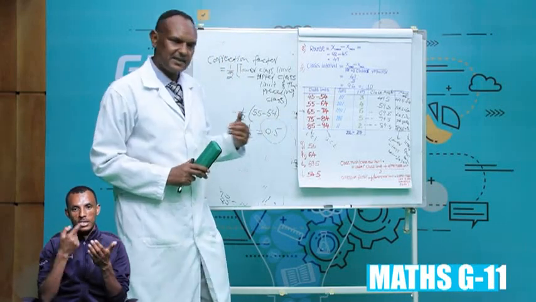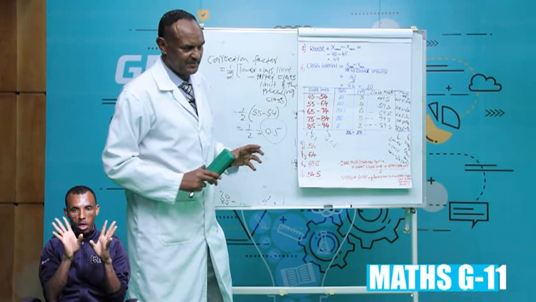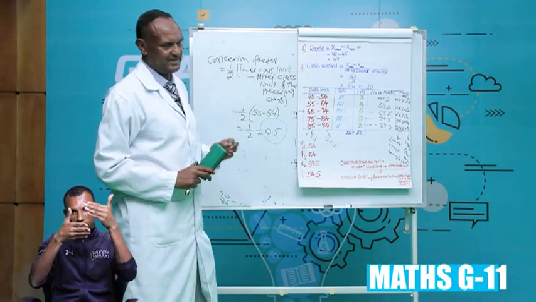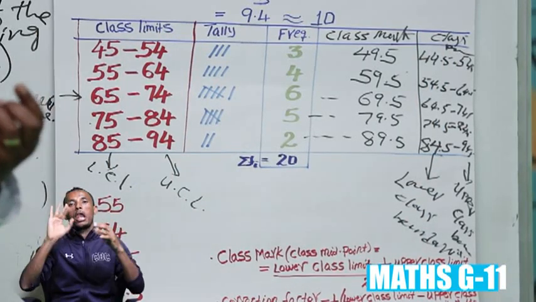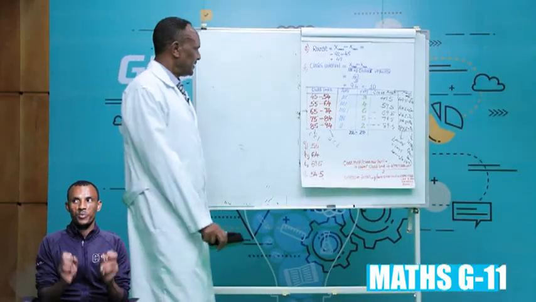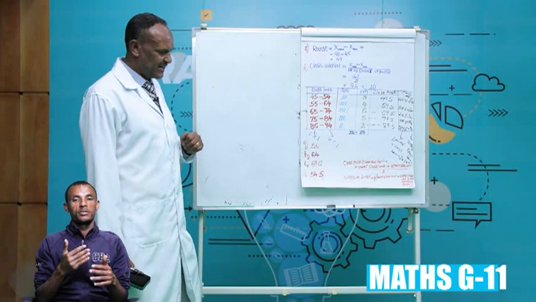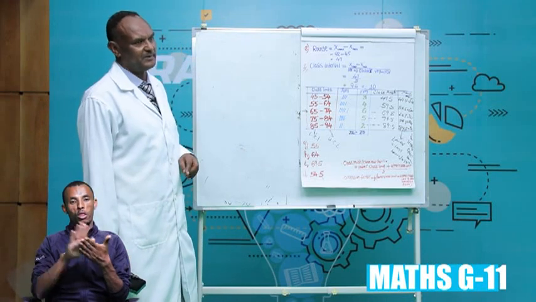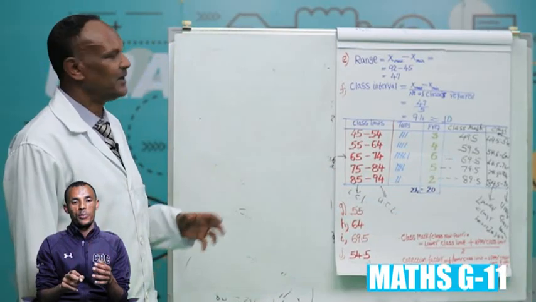In this class, we have seen what statistics is: collecting, organizing, presenting, analyzing, and interpreting data to give conclusions. What I have discussed now were the types of data, qualitative and quantitative, depending upon the results you have got.